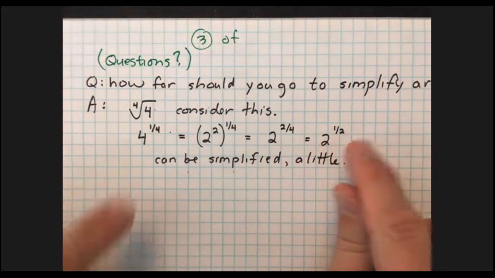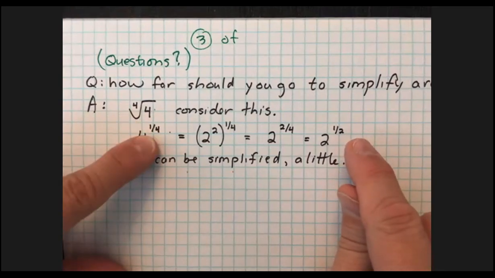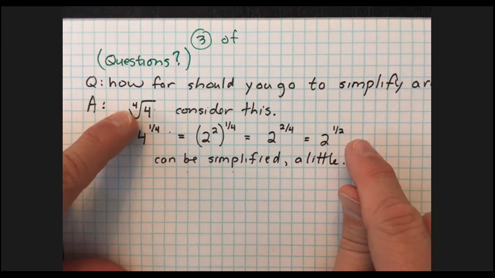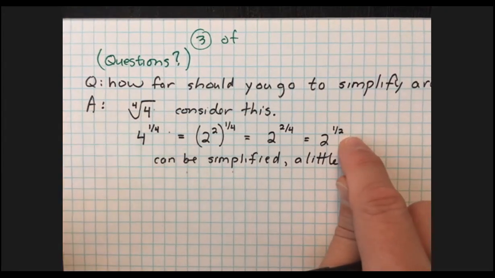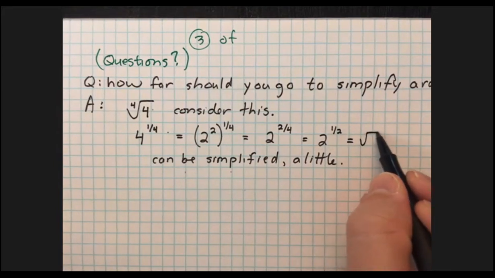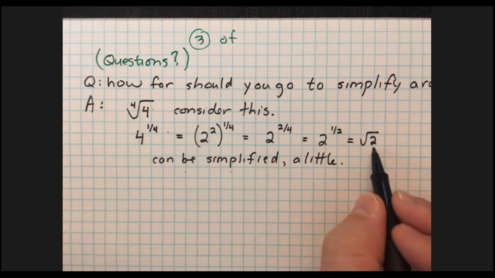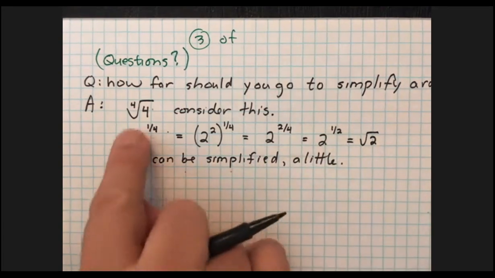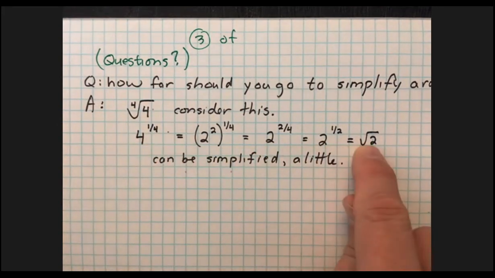And now if you're willing to think about roots as powers, like 1/4 power is the fourth root, 1/3 power is the cube root, 1/2 power is the square root, then what you're saying is the fourth root of 4 is the square root of 2.